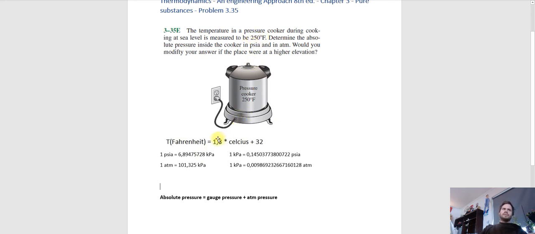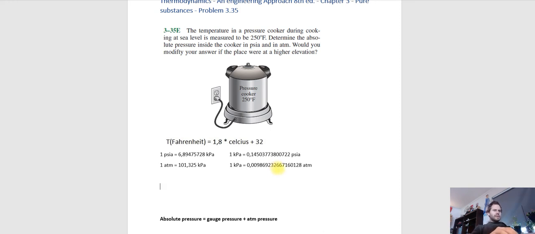The thing is, we will convert this to Celsius. This is the equation to get it transformed to degrees Celsius. This is how you translate from Fahrenheit to Celsius degrees.